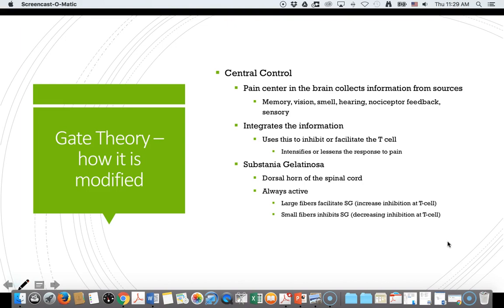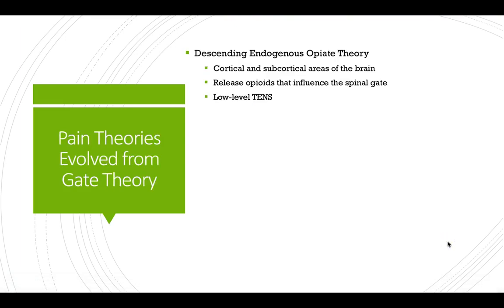But that still left some unanswered questions. The descending endogenous opiate theory wasn't exactly explained by central control, but it did get explained by the descending mechanism of gate. Okay, so again, this evolution came, and that's specifically a type of TENS. So we'll have different levels of E-stim that we can target.